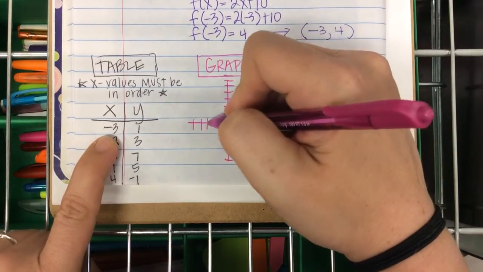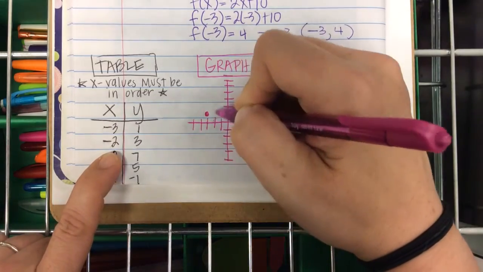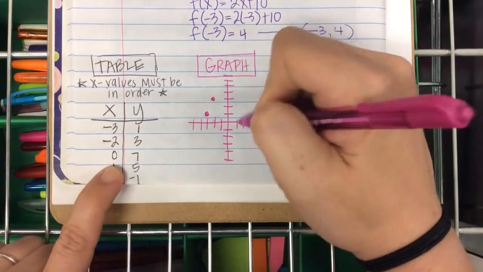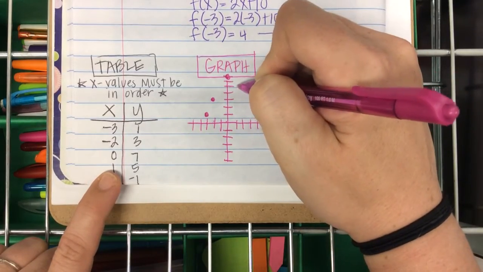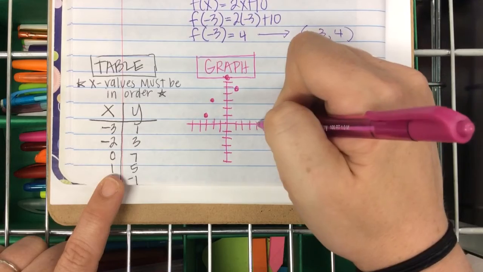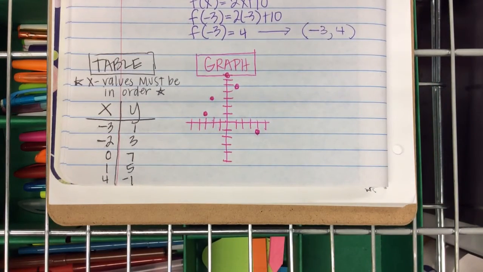Okay, negative 3, 1. Negative 2, 3. 0, 7. 1, 5, 4, negative 1. All I did was take the ordered pairs from the relation, or take the ordered pairs from the table, either way, and put it into a graph.